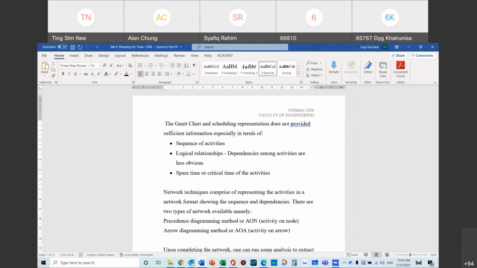In software, basically we've got Microsoft Project and Primavera. Previous years we got them to come and give a talk to show you what Primavera looks like. But Primavera is very, very complicated to me. Some people like it, and some organizations like Sarawak Energy will use it, so if you work for Sarawak Energy, you probably need to learn Primavera.